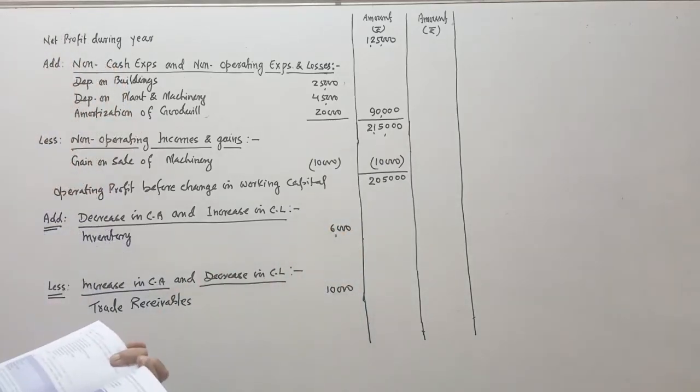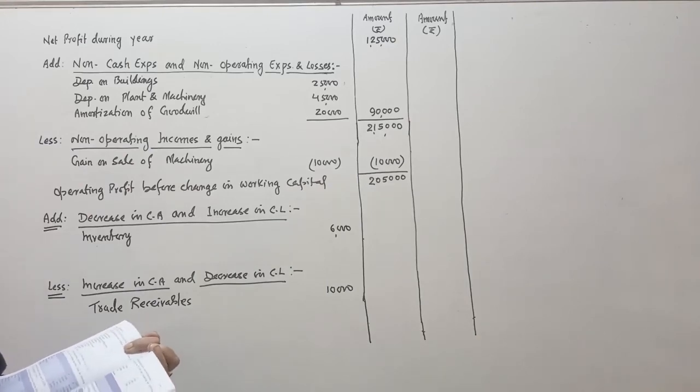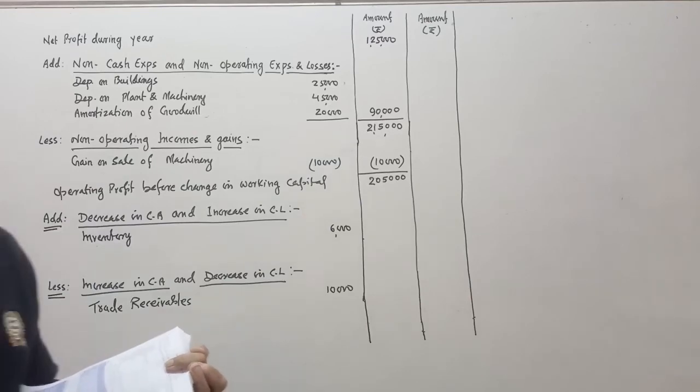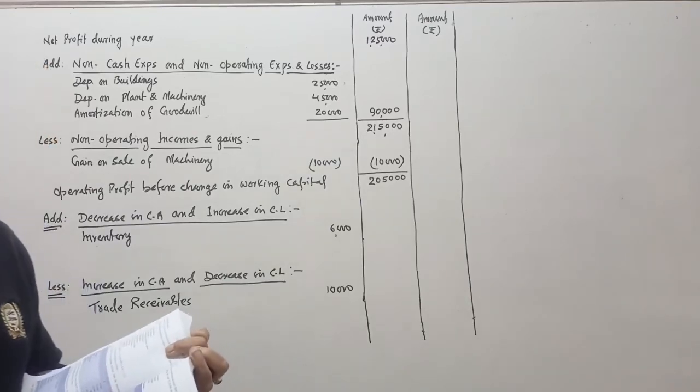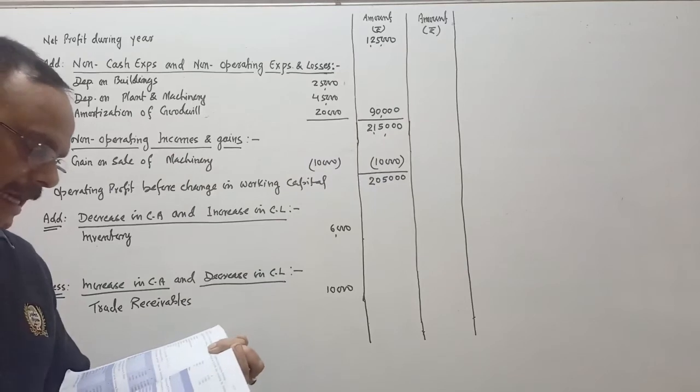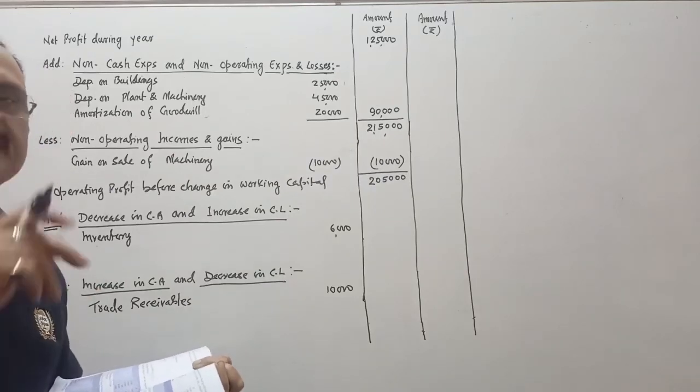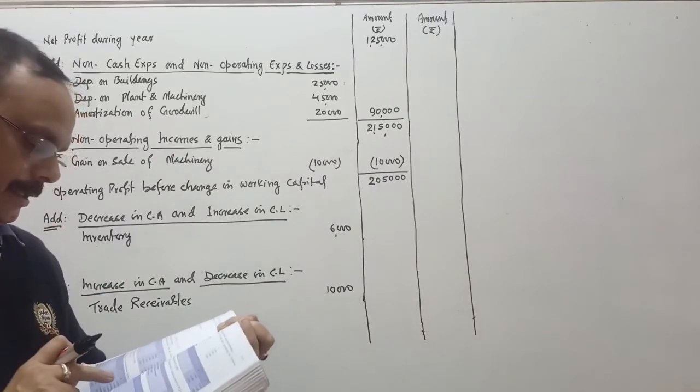Cash in hand is a cash equivalent, coming under cash and cash equivalent. This will not be taken into account. This is not coming under any activities, operating, investing or financing.